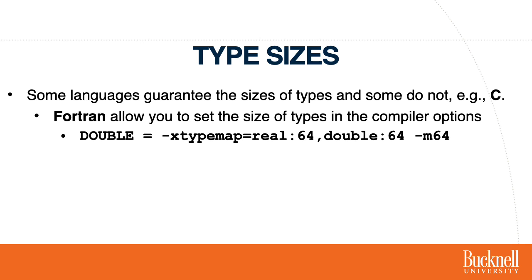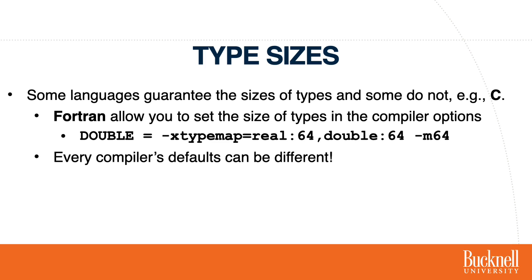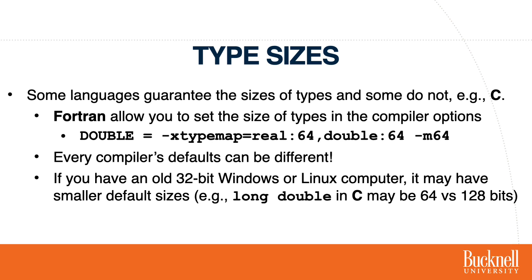Here are the compiler options for changing the real and double to both be 64-bit in Fortran. Every compiler's defaults can be different, and in fact, if you have an old 32-bit Windows or Linux computer, it may have smaller default sizes. For example, in C, a long double might be 64 bits on a 32-bit machine versus 128 bits on a 64-bit machine.